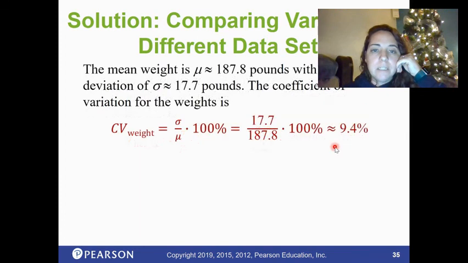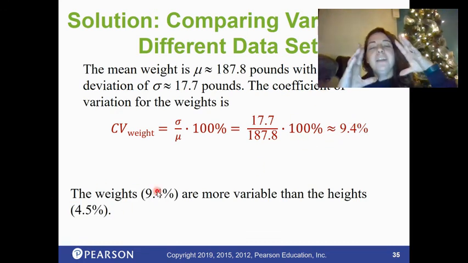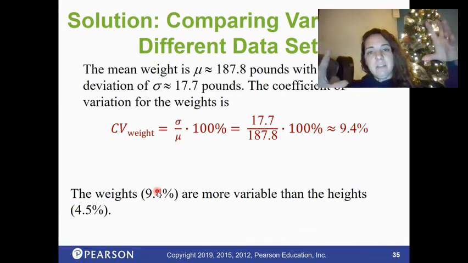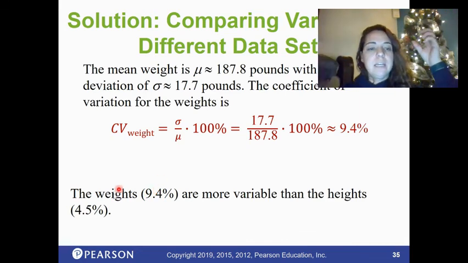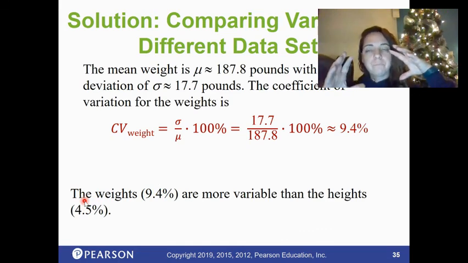Now we do that for the weight. The average was 187.8 pounds. The standard deviation was 17.7 pounds. So we take that number, divide it, turn it into a percent. So we get 9.4%. So if we're going to compare those two, the weights had 9.4% variation and the heights had 4.5% variation.